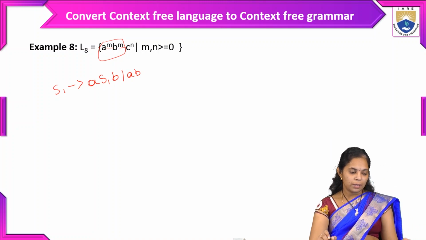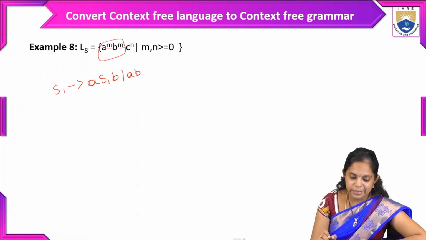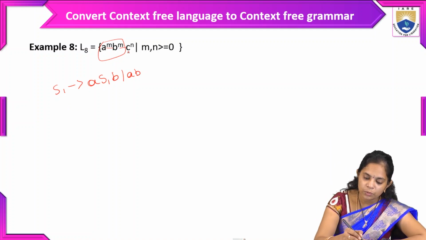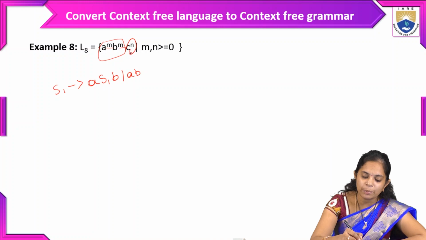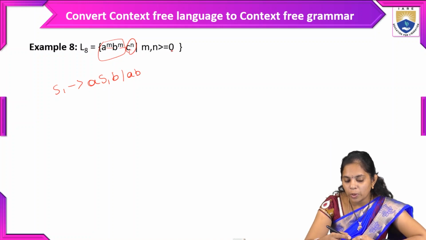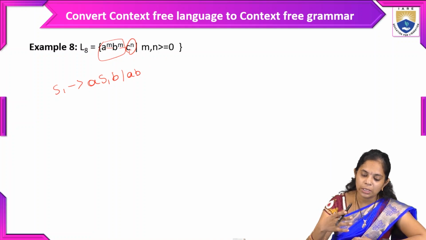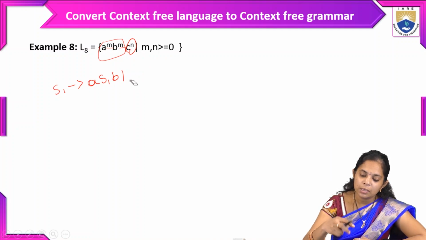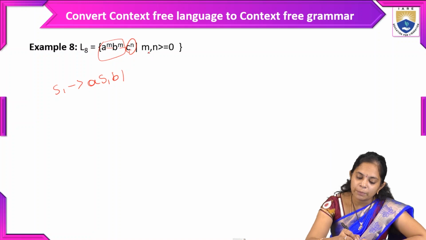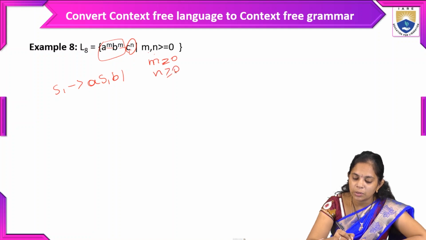And here if you have the value C, so C power N is there. So N is greater than or equal to 0, so here not M comma N, m and n values are both. So m greater than or equal to 0 and n greater than or equal to 0.